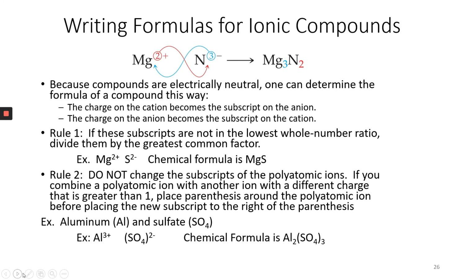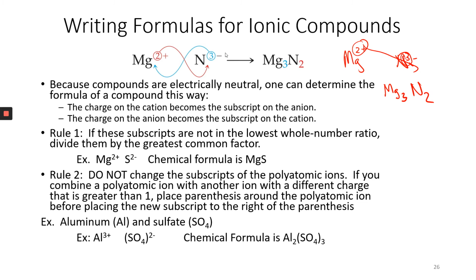So how do we write formulas for ionic compounds? The first thing you want to do, as in our example here, is write the symbol of your element with the charge that it would form when it loses or gains electrons. Then you crisscross. You take the number that's on this and you put it down below, and then you take the number that is here and you move it over here, sort of what they're showing you here.